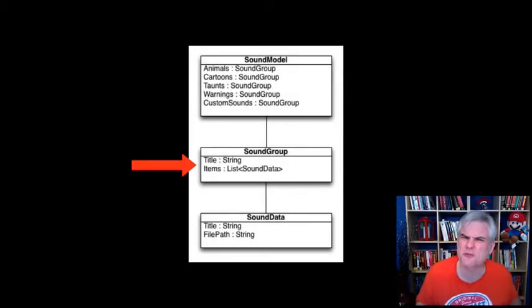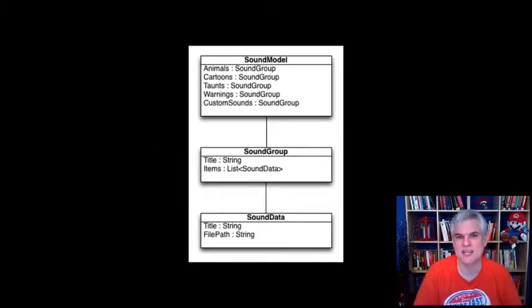I've struggled for the correct terminology here, but in essence, it's a grouping. It's not a view, which only connotes the visual aspect of the sound tiles. And it's not really a type, which has special connotations in the .NET world. A sound group has a title that'll be used to display the title of the pivot item in the pivot control on the main page.xaml. And it also has that generic collection of sound data.